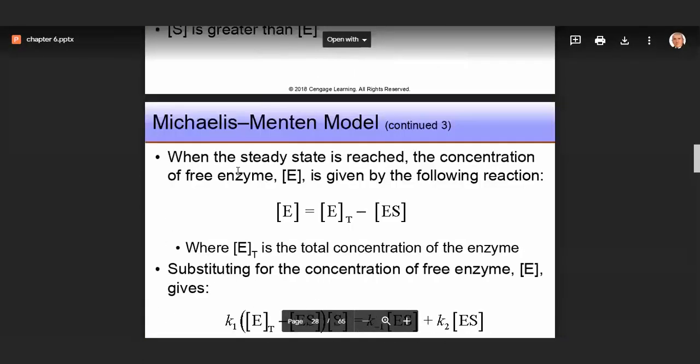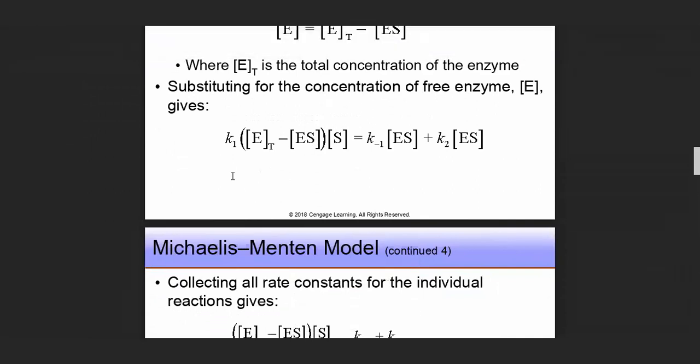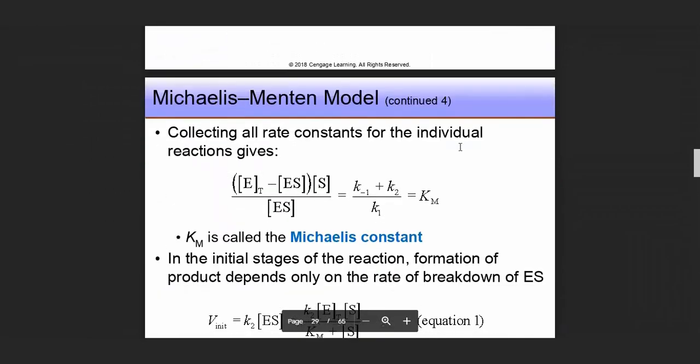Instead of E, we put all this and rearrange, collecting all the rate constants for the individual reactions like this. So here we have the ratio of rate constants, and this is the first definition of Km. So Km, the Michaelis constant, equals the ratio of rate constants. Okay, if you have the values of these rate constants, you can add and divide by K1 to get Km.